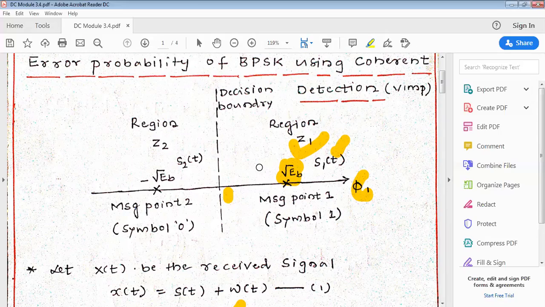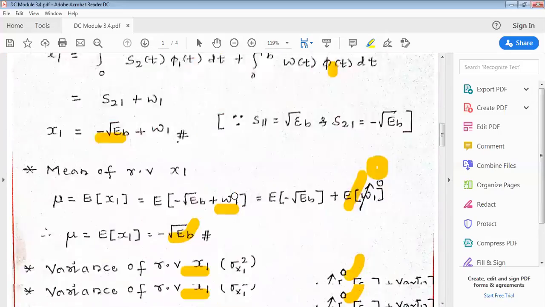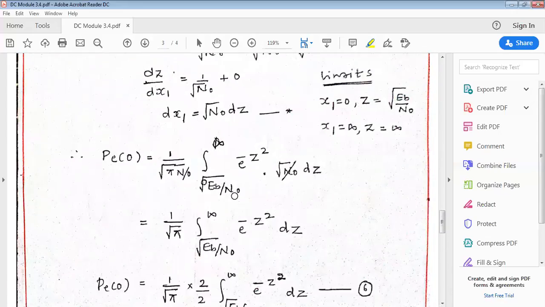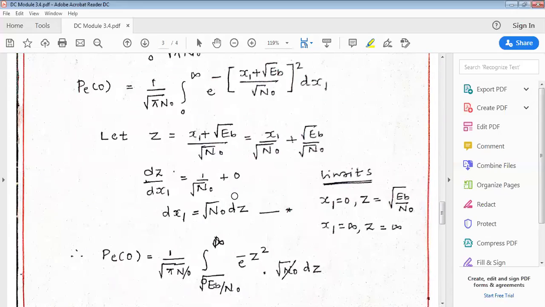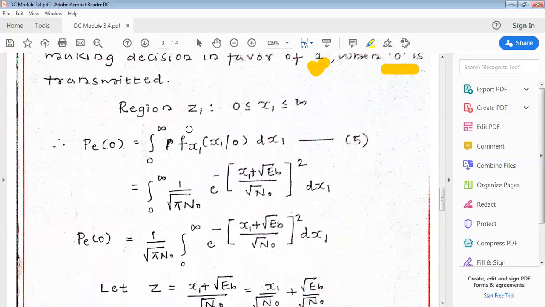So Z1 varies from 0 to infinity. The same thing is mentioned here: the region Z1 where x1 varies between 0 to infinity.